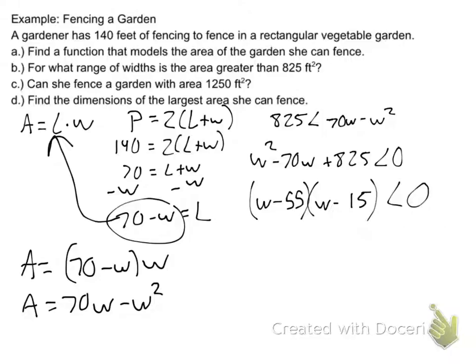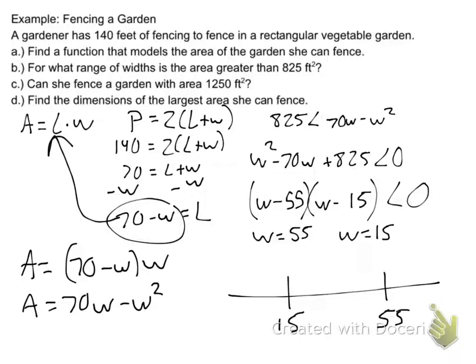So what does this mean? That if I was to solve this, w equals 55, w equals 15, but unfortunately it's not two answers, it's looking for a whole bunch of answers, right? So I need to do what? Make my number line. Are these endpoints included or not included?